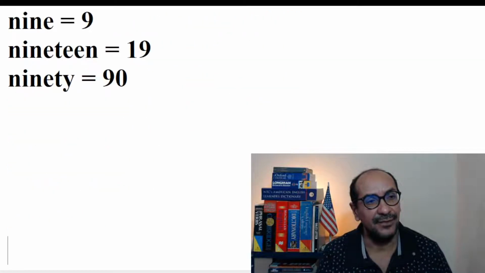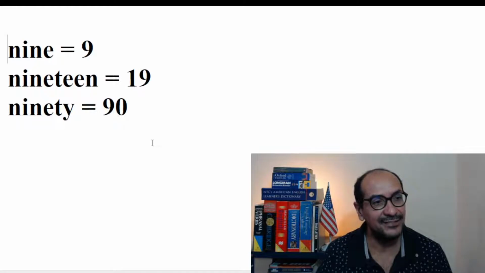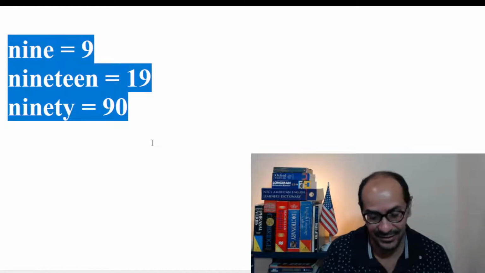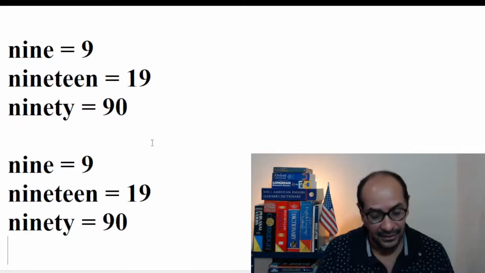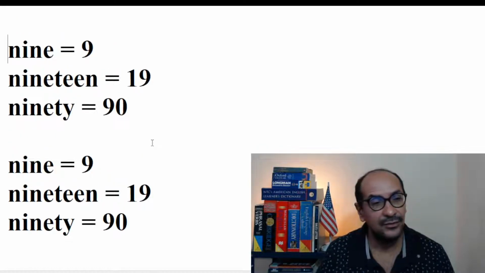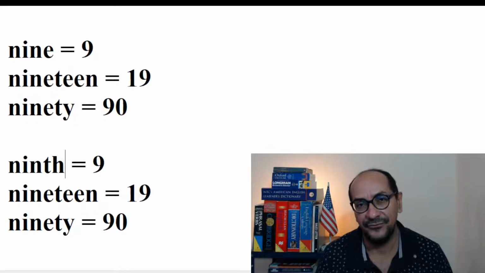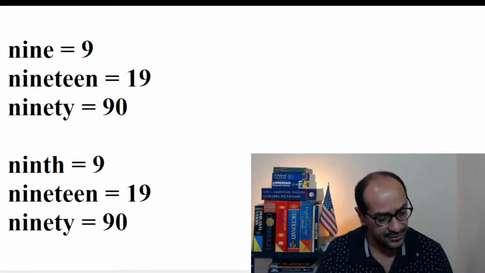But the problem actually comes when we have, I'm going to cut and paste, right? Technology is here for that. So let me show you the way things are going to be when we have the other numbers. So we have, for example, 9th. Well, Jerry, where is letter E here?